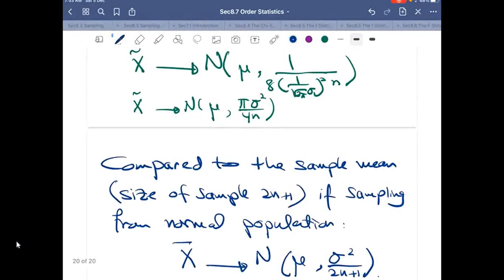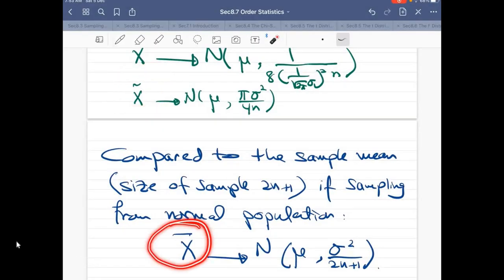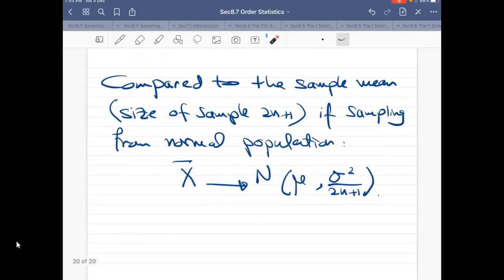Now if you compare these two variances, the sampling distribution of the median to the sampling distribution of the mean, you will notice that the mean has the smaller variance compared to the median.